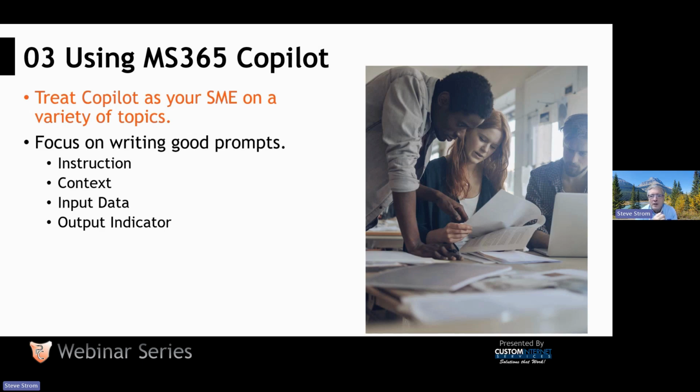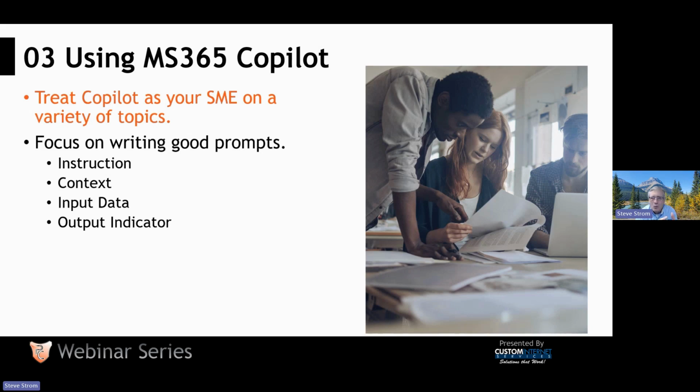As Copilot told us at the beginning in the first demo, part of writing good prompts is the instruction. What am I asking it to do? Something of the context. Remember in the demo on the business plan, I said I was thinking about buying a car wash. That would be part of the context within a prompt.